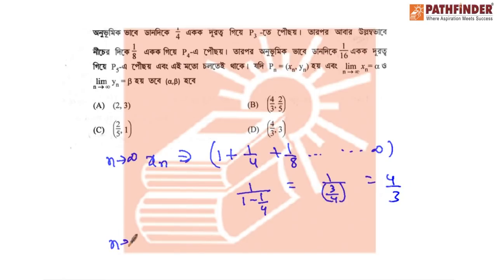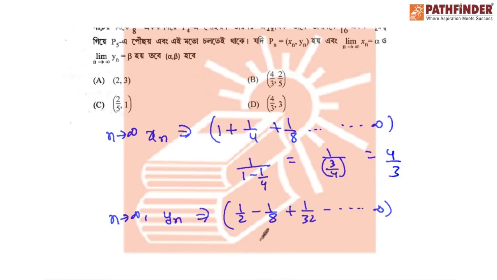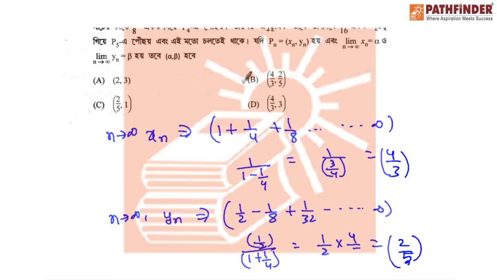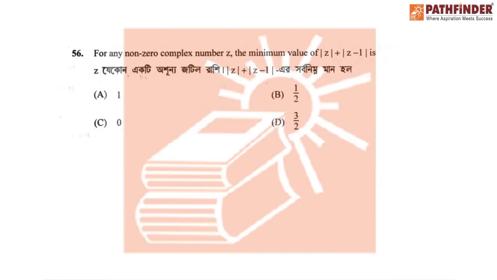Now similarly, when n tends to infinity, yn is 1 by 2 minus 1 by 8 plus 1 by 32 minus and so on up to infinity. So here the common ratio is minus 1 by 4, and the first term is 1 by 2. So 1 by 2 times 1 by 1 plus 1 by 4, or 1 by 2 into 4 by 5, or 2 by 5. So alpha is equal to 4 by 3, beta equal to 2 by 5. Option B is correct. Question number 56.